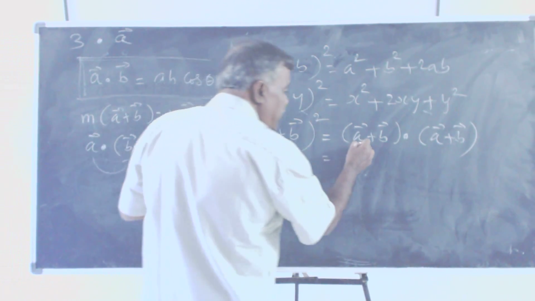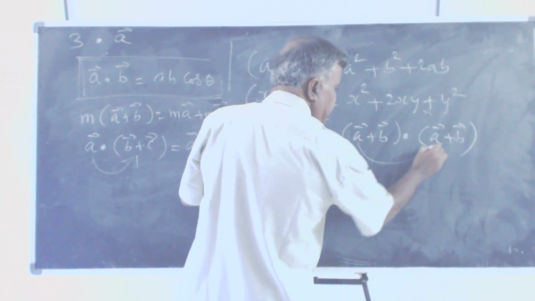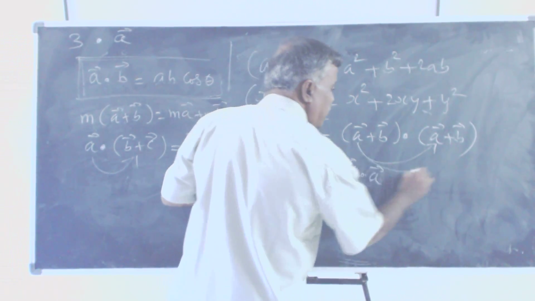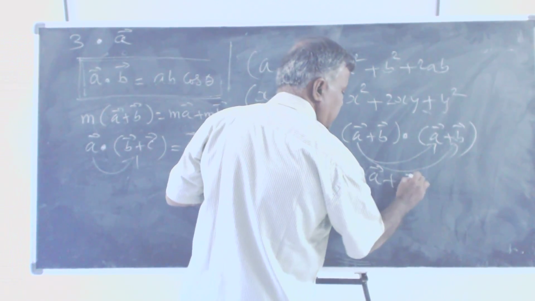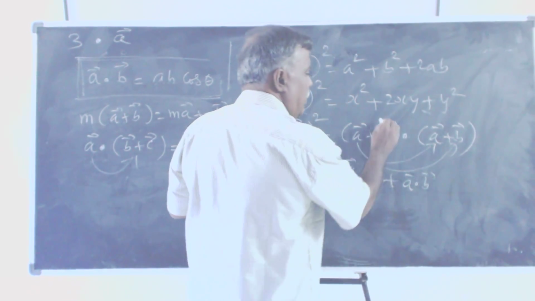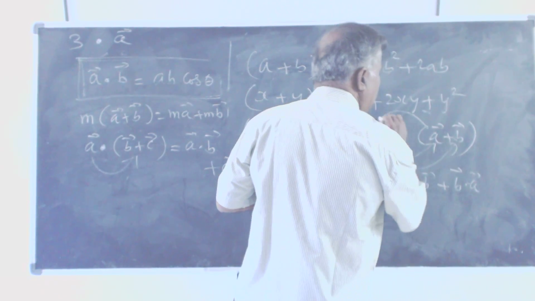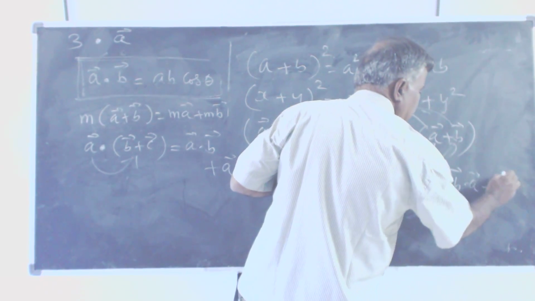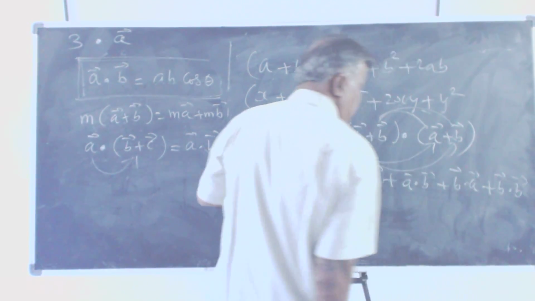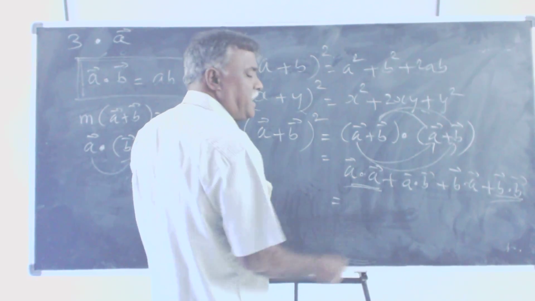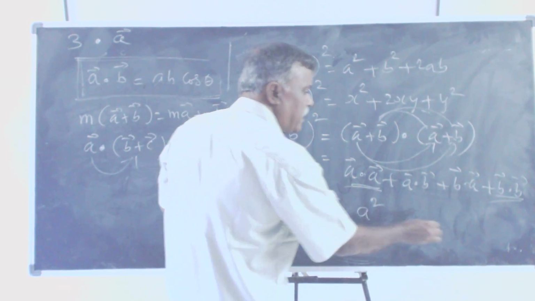Use this idea now. A dot A, and then plus A dot B, B dot A, plus B dot B. Now look at this, A dot A can be written as simply A square.